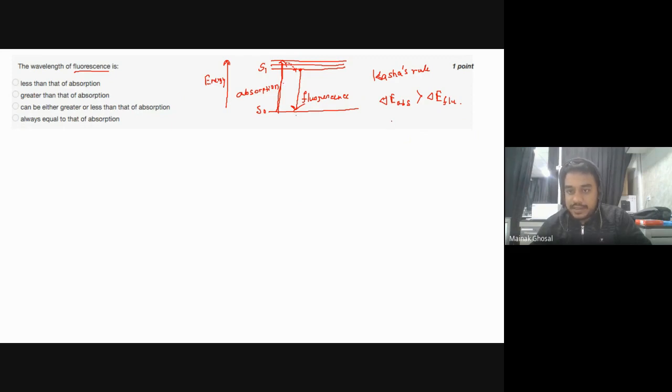So if absorption has higher delta E, then the wavelength for absorption will be lower than that of fluorescence. That means the wavelength of fluorescence will be higher than that of absorption. Since the energy difference for fluorescence is lower, the wavelength is higher.